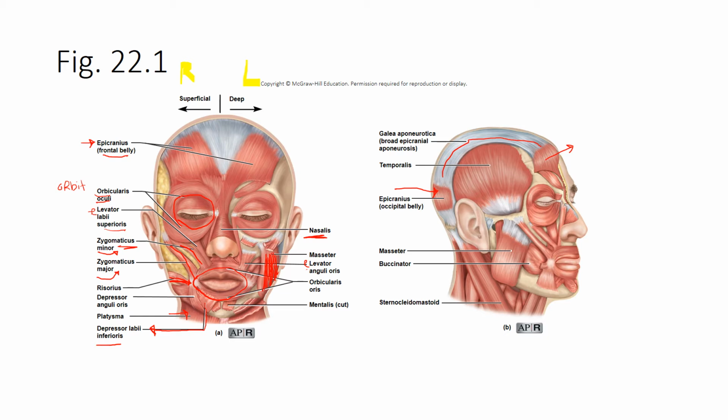Okay, and we have nasalis, masseter, levator anguli oris, and we have the mentalis muscle. You know this part of the bone is called mental, right? So mentalis, again you add lis, that means the muscle that covers this specific bone.